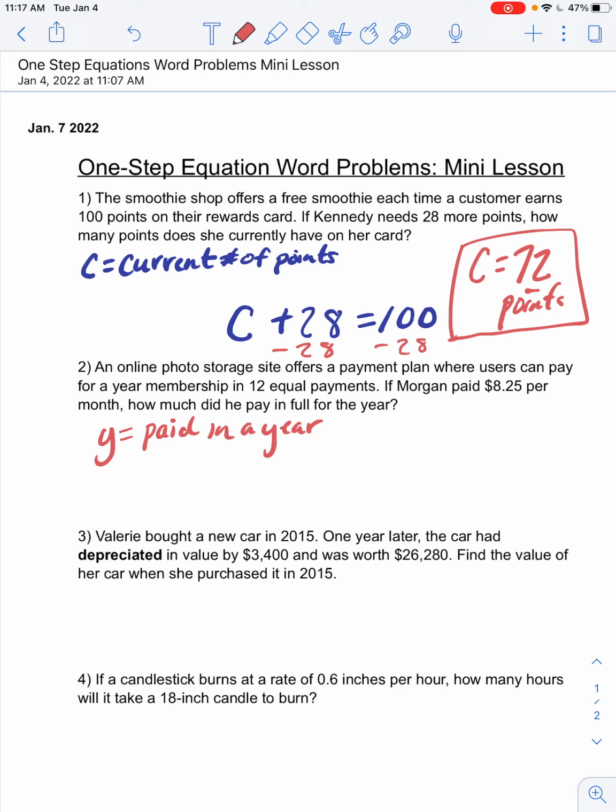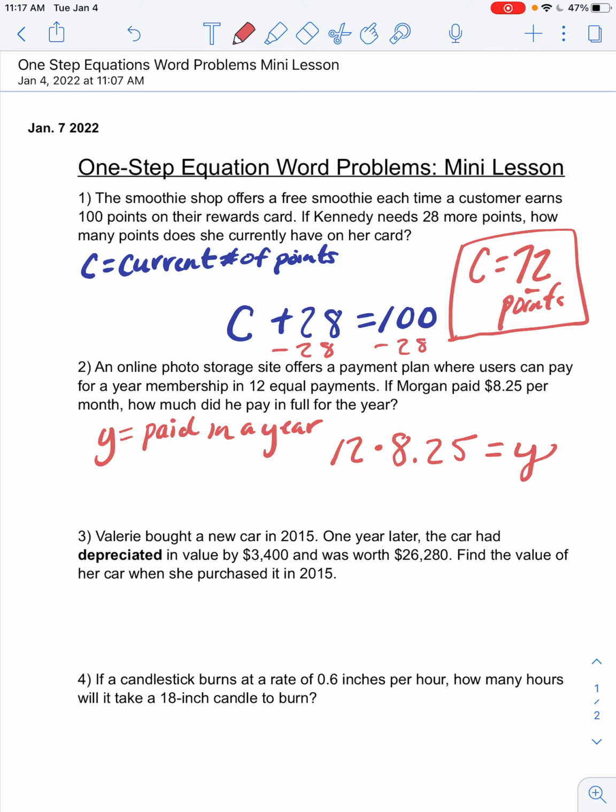So a couple of different things you could do for an equation here. You could say that if he made a total of 12 payments, and each of those payments was $8.25, then $8.25 multiplied by 12 should give you the total cost for the year. So there's one way you could do it.